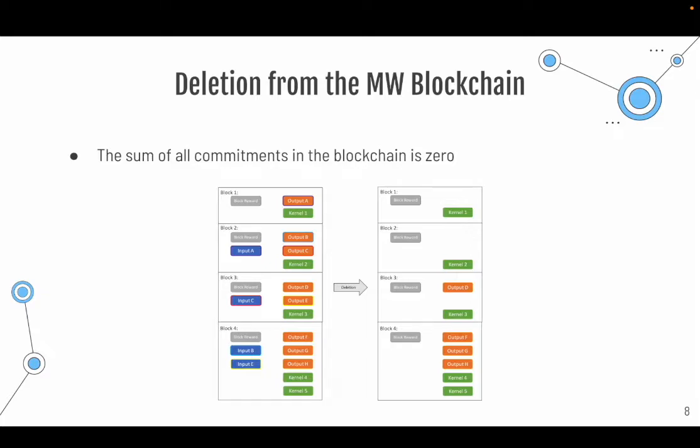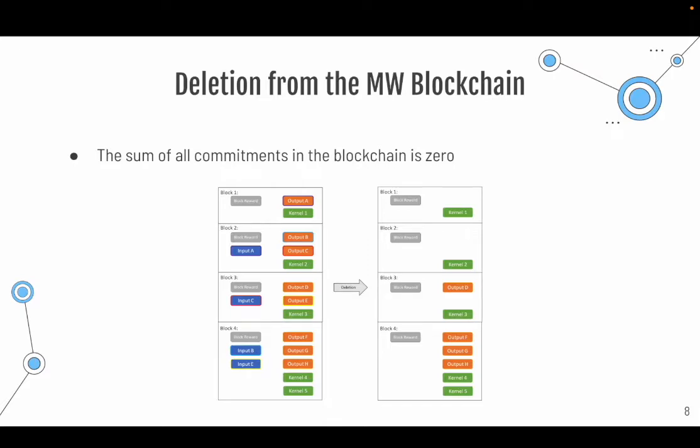So now if we remove a spent output and its corresponding input from the blockchain, the sum of the commitments would still be 0. For example, if in the figure that illustrates how the cut-through mechanism works, we remove output A with its corresponding input A, the sum of commitments will still be 0.